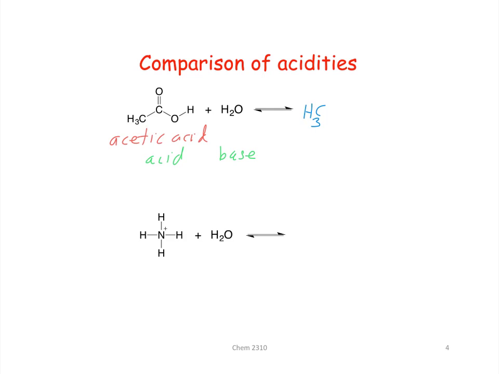We are going to get the conjugate base of acetic acid, which is called acetate, plus, what's the other product? If water picks up a proton, it's going to generate hydronium ion.